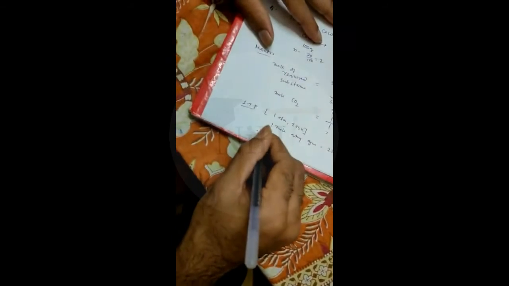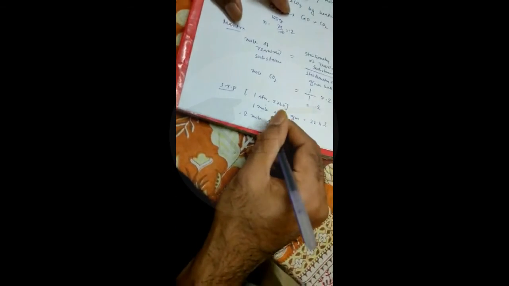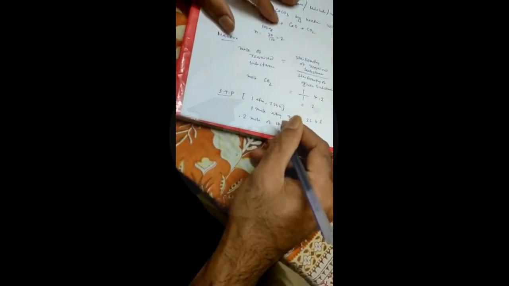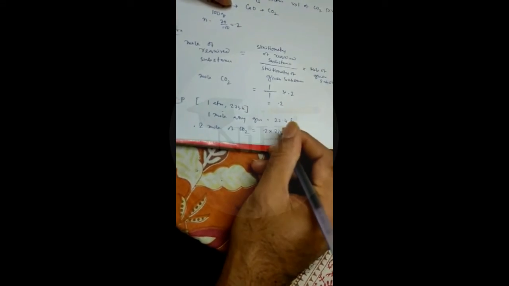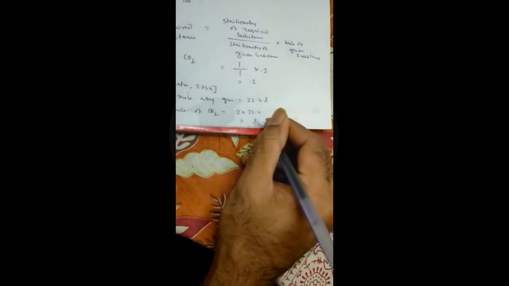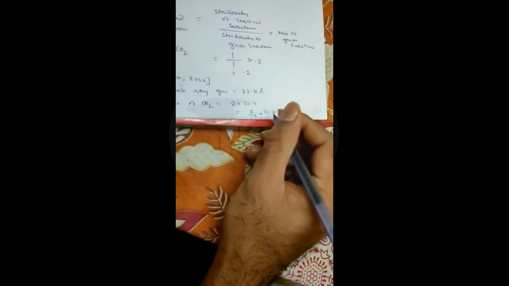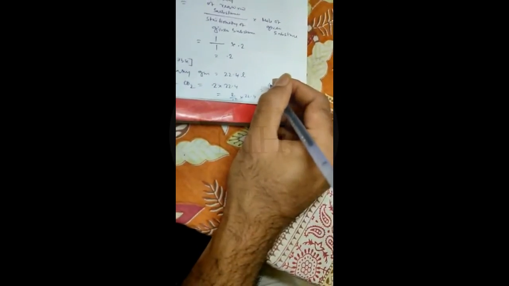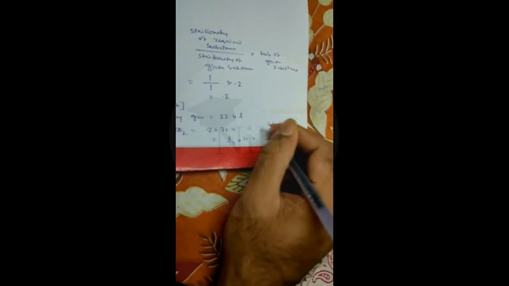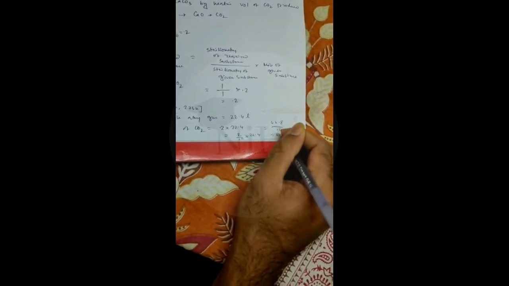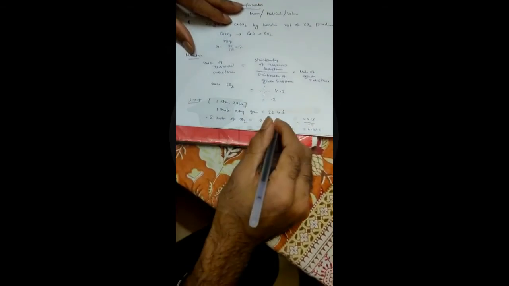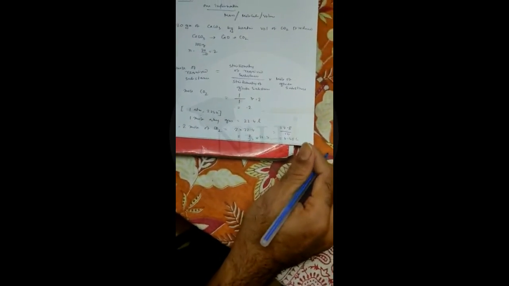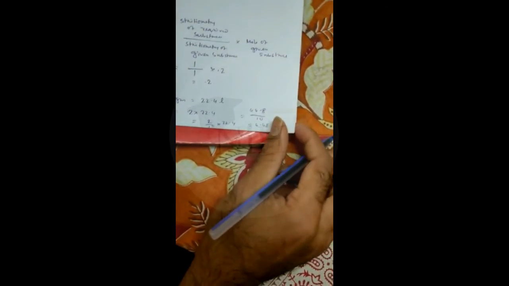So 0.2 mole of CO2 gives you 0.2 into 22.4, that means 2 by 10 into 22.4, that means 44.8 divided by 10, that means 4.48 liters. So simple. The answer will be 4.48 liters.